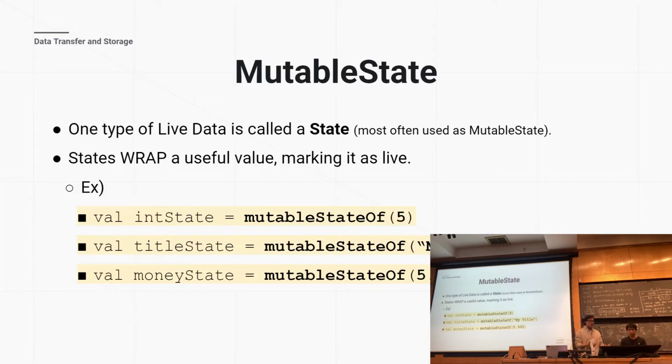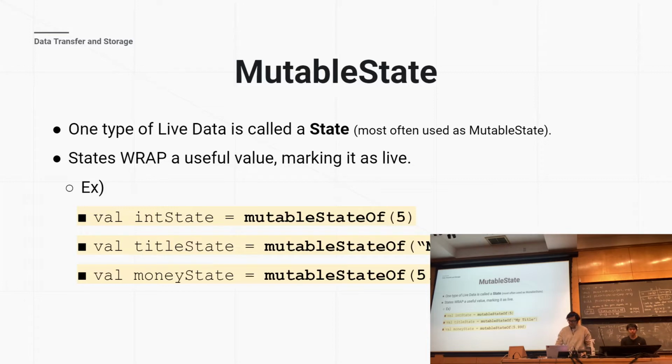So say for example, this title state existed in my previous text, right? Instead of setting the text as title, we set it as the title state. And now, whenever we change title state, the UI will automatically update accordingly.